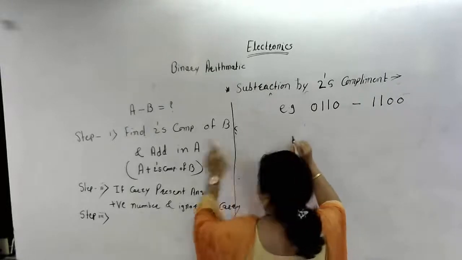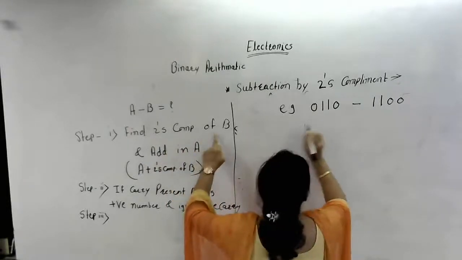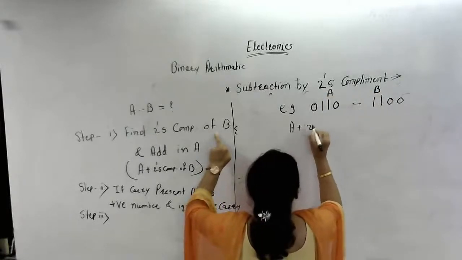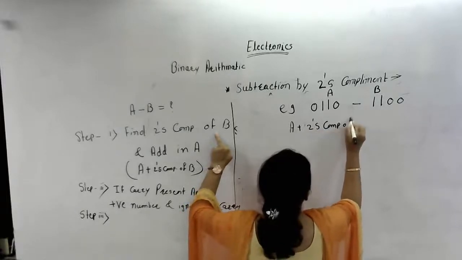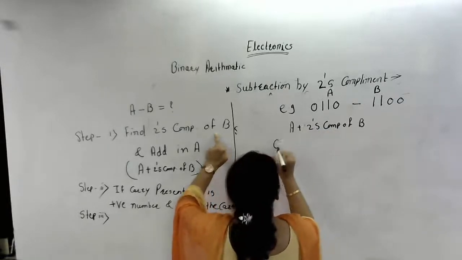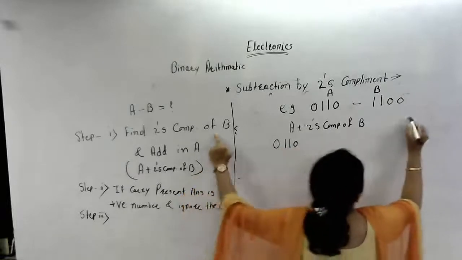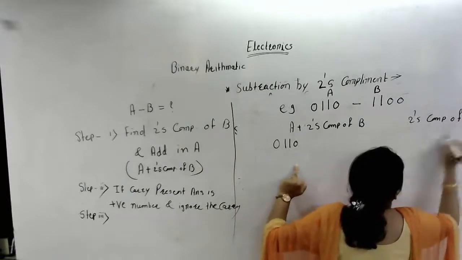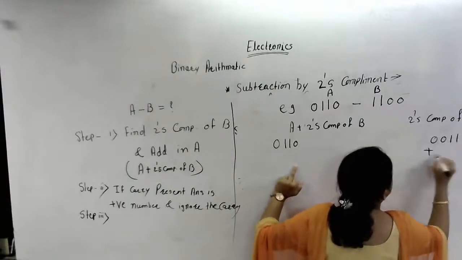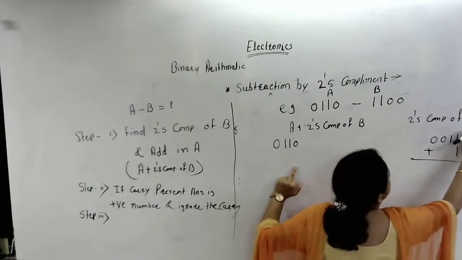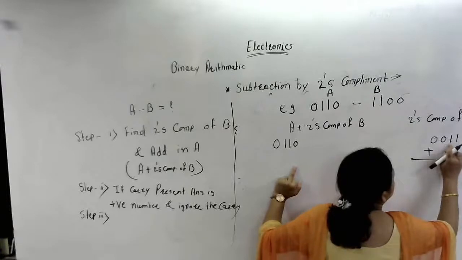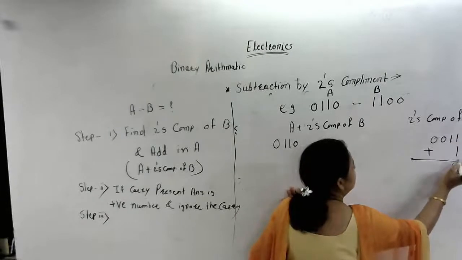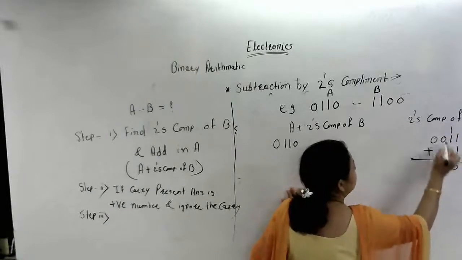Now, according to our first step, find the 2's complement of number B. This is our A and this is our B. So, A plus 2's complement of B. A equals 0110, and the 2's complement of 1100: 0011 is its 1's complement, and we have to add 1. 1 plus 1 is 0, carry 1. 1 plus 1 is 0, carry 1.